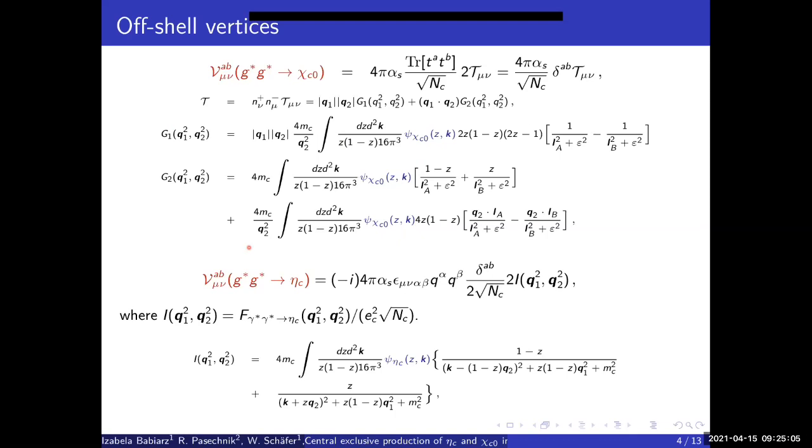And for eta_c, it is maybe a little more straightforward, because we have only one integral inside the vertex, and this integral corresponds easily to the so-called form factor gamma gamma to eta_c, which can be measured, but we derived it ourselves and also presented it in a previous work.